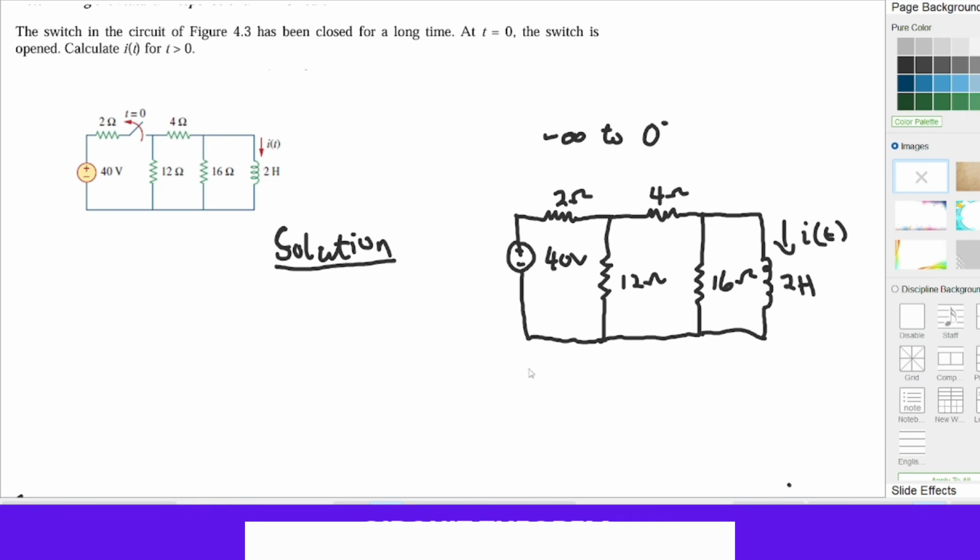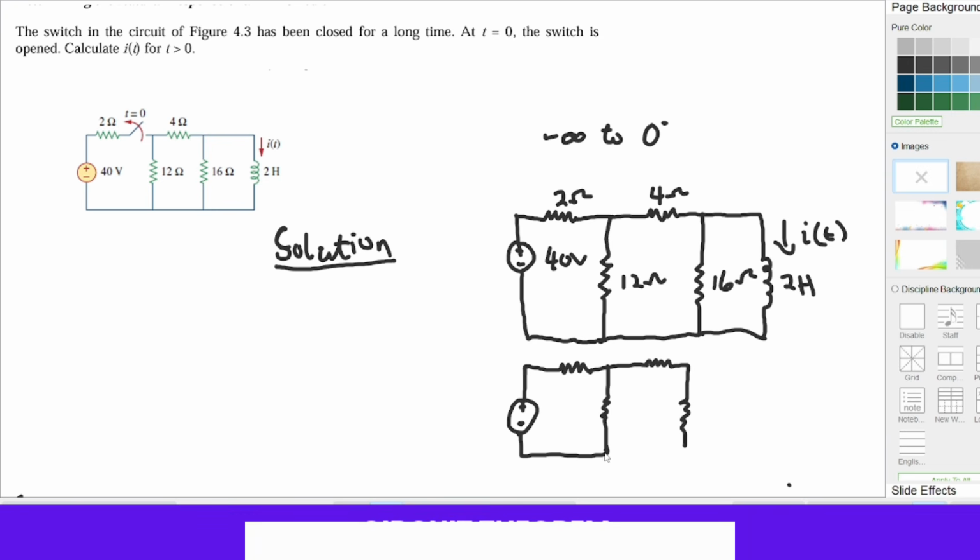So we say now the circuit is this way. Let's say right before we open the circuit, our inductor is behaving as a short circuit, because all the current is assumed to pass through the branch where you can find it.